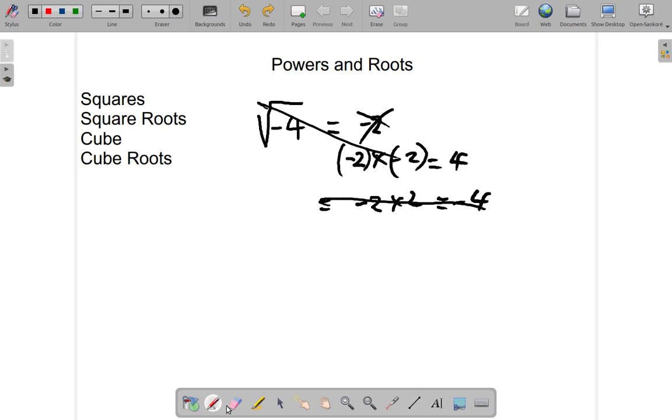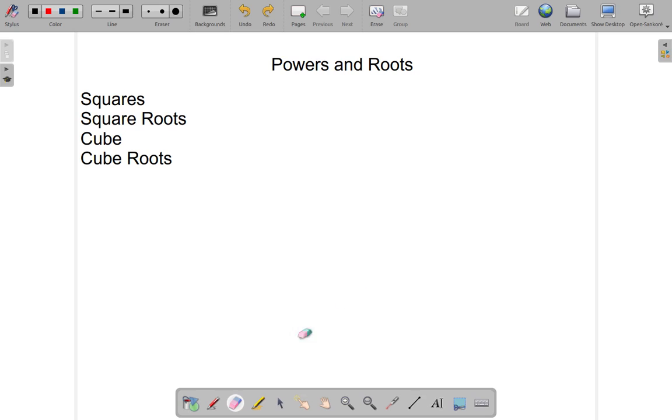What happens if you have fractions? Here I want to find the square root of, for example, 4/9. Before I find the square root of 4/9, by the way, let me square 2/3. What is the square of 2/3?